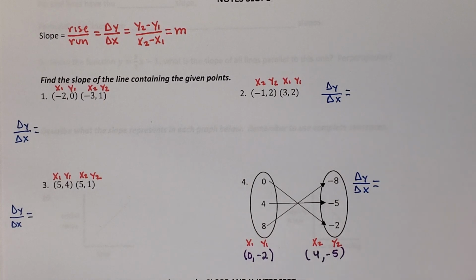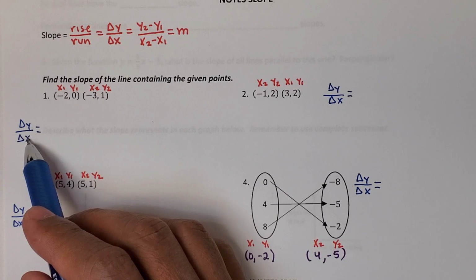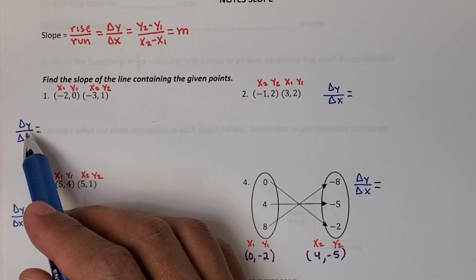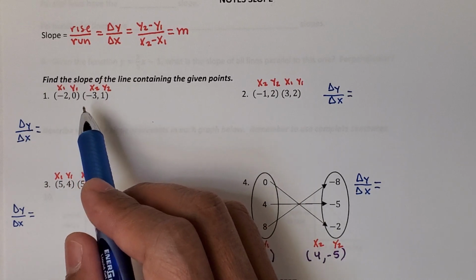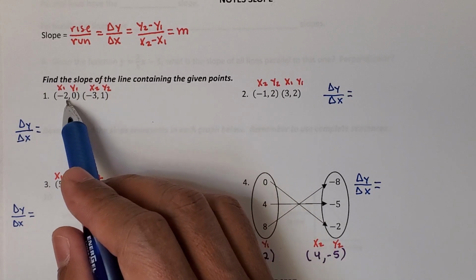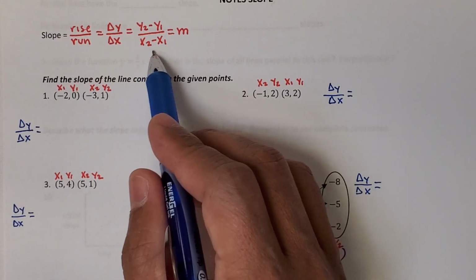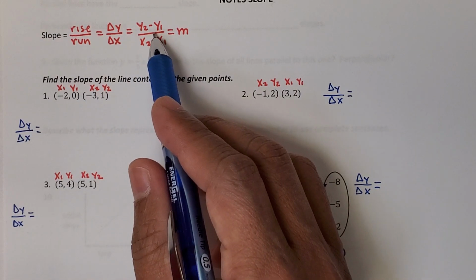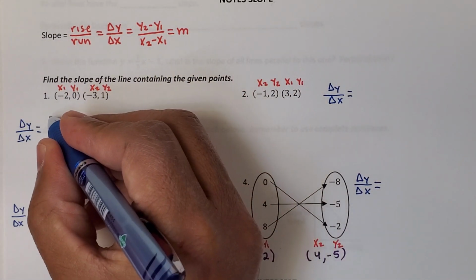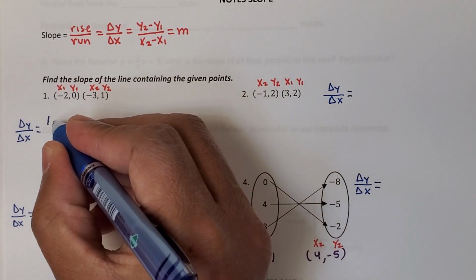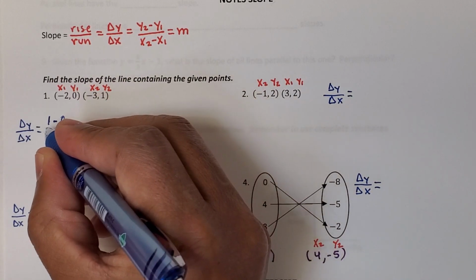All right, so first of all, don't forget delta y over delta x means the slope. If I'm interested in finding the slope of the line that contains these 2 points, I've already labeled x1, y1, x2, and y2 because I'm going to use this formula. This formula says y2 minus y1. So I'm looking at this y2 value and I have 1, and then the formula says subtract y1, which is 0.